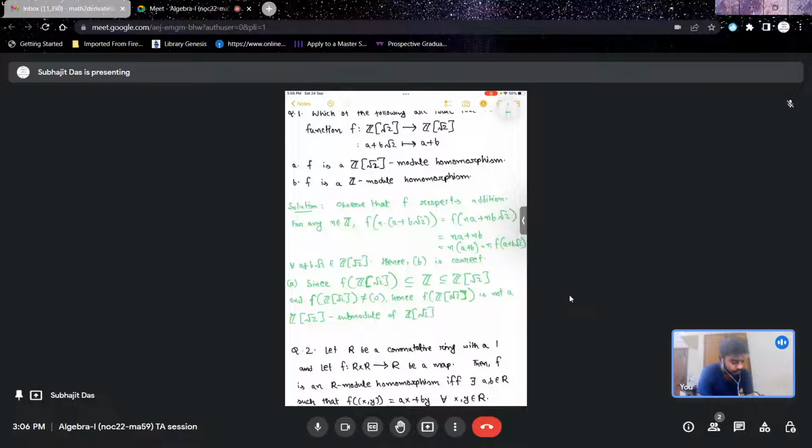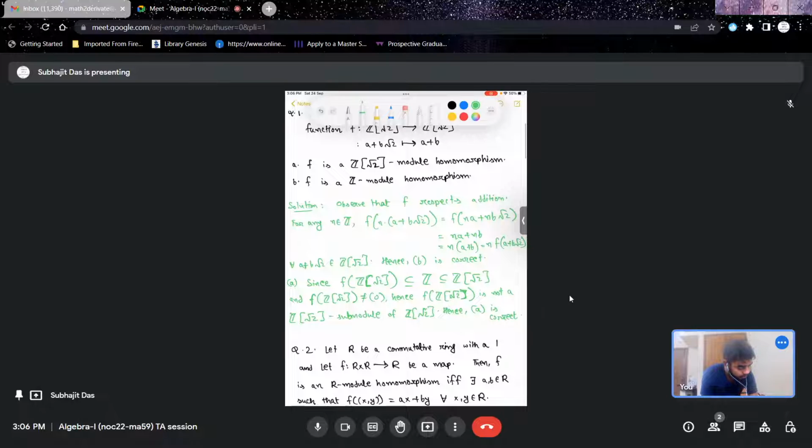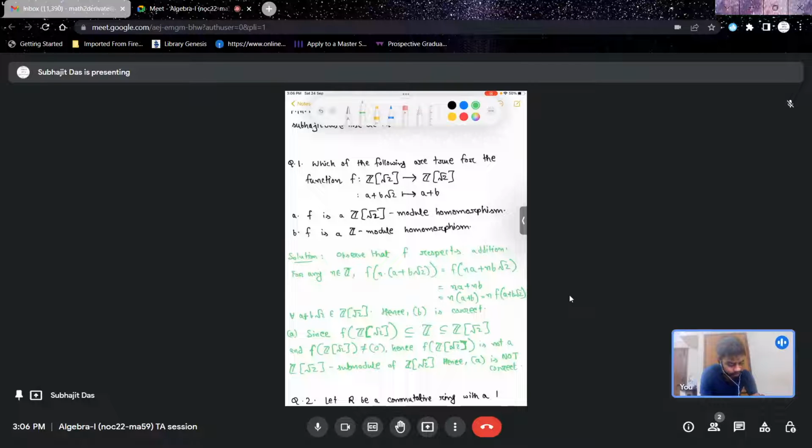Here we are considering Z root 2 as a module over itself, so it's clearly not a Z root 2 submodule of itself. Hence A is not correct. To be very precise, certainly option A is not correct, option B is correct. So B is the correct option.